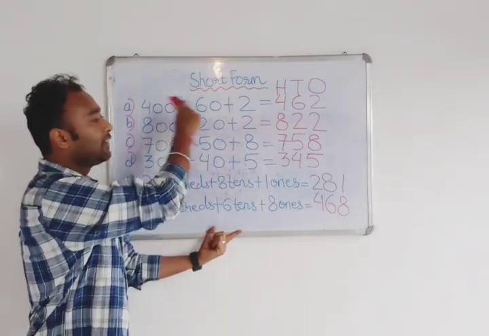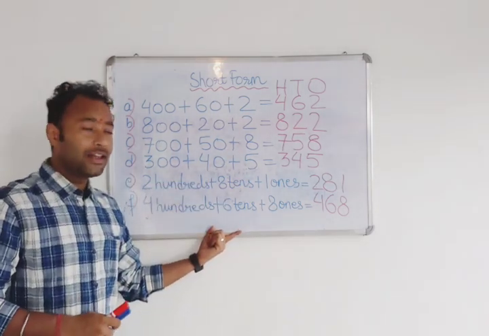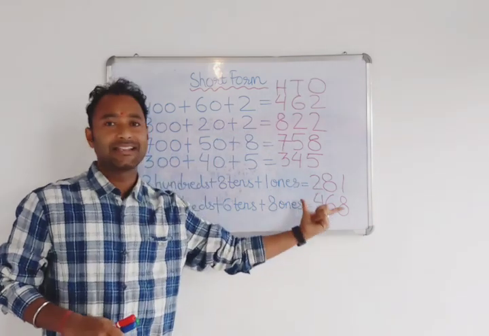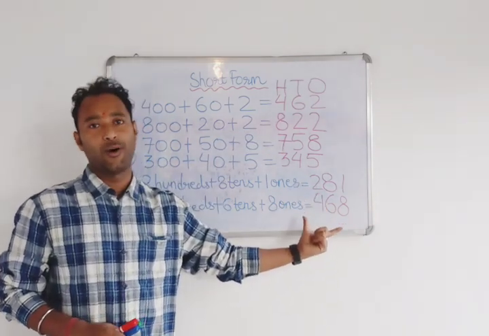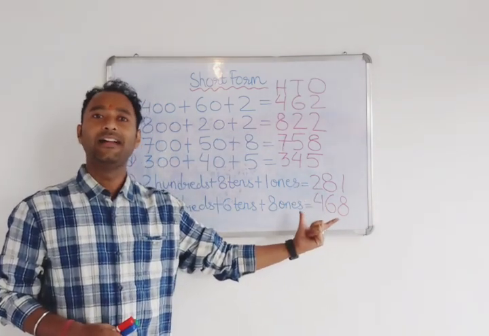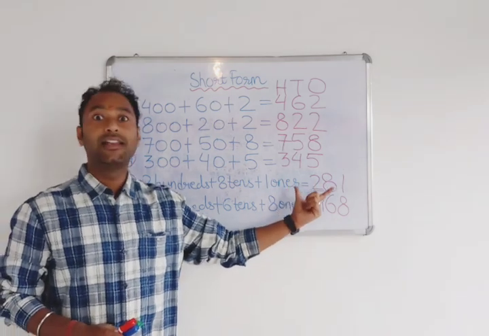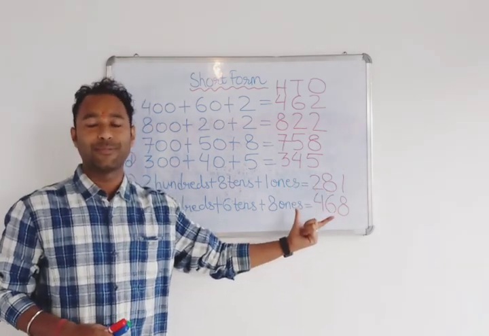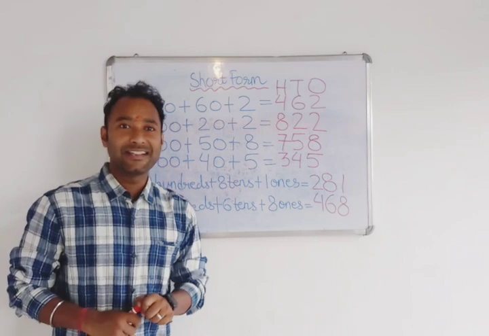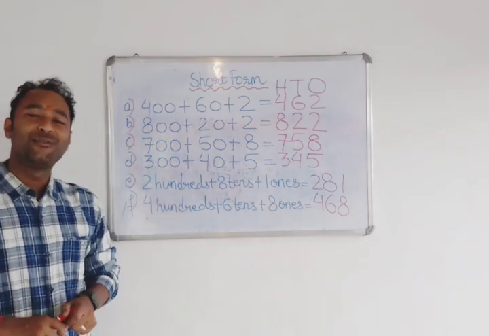And when we write it in total, we can say that this is the short form of the expanded number, or the reduced form of the expanded number. So it is interesting, students, very nice.